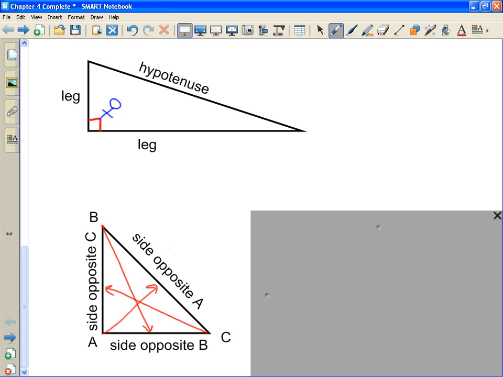I could just as well say this is side BC. This would be side AB. Okay, you can still use the points to describe the sides also. But a lot of your theorems and stuff from this chapter are going to describe it using the opposite terminology. Another easy way to remember is, if you notice, side AB is the side that's opposite C, and there's no C in its name.